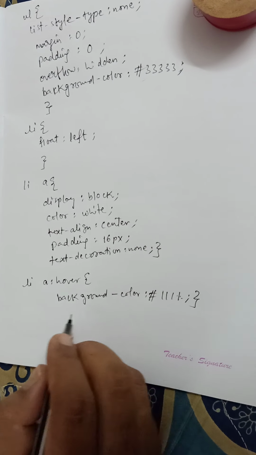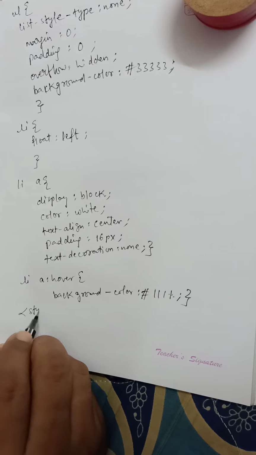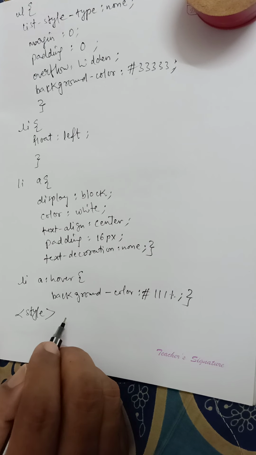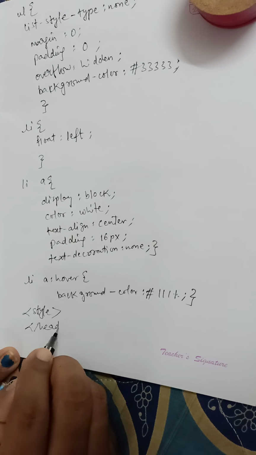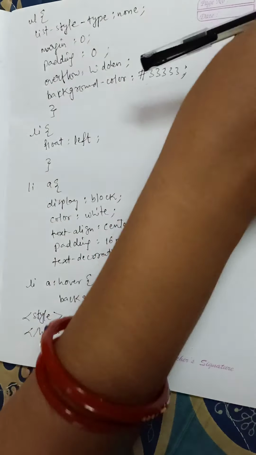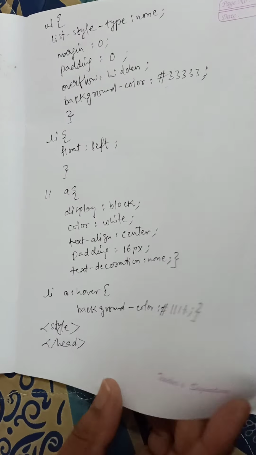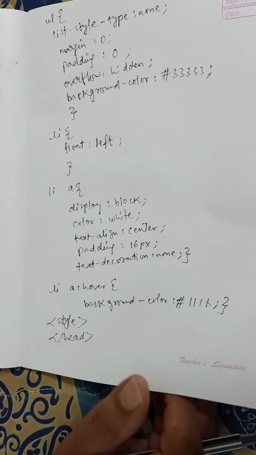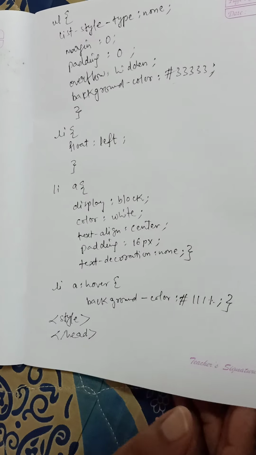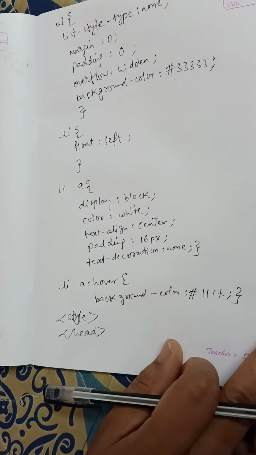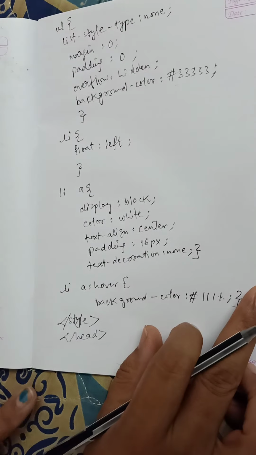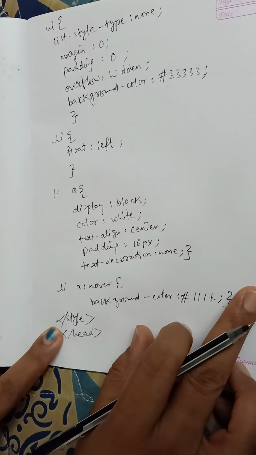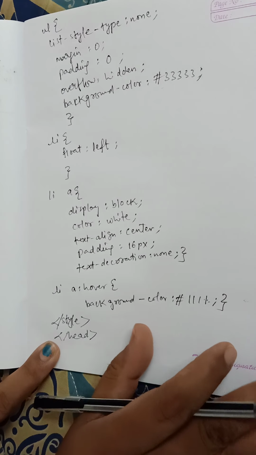Now I am finishing my style tag. It is ended here. This finishes my head portion. Head tag is now over. So here I left a slash, so this style tag is closed, head tag is closed.